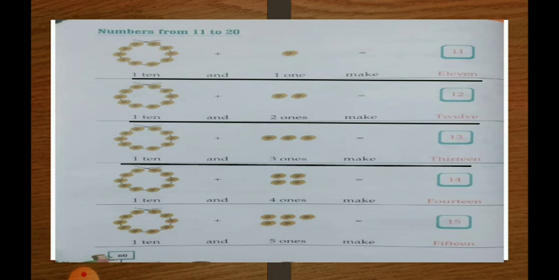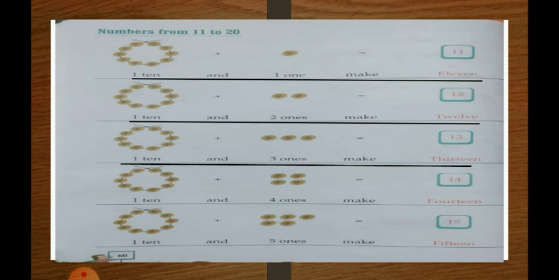Now see the next. Again one garland of 10 flowers plus 4 separate flowers. So this garland you count as a 10, yes, because it is made up of 10 flowers. So you will count it as a 10 plus these 4: 11, 12, 13 and 14.